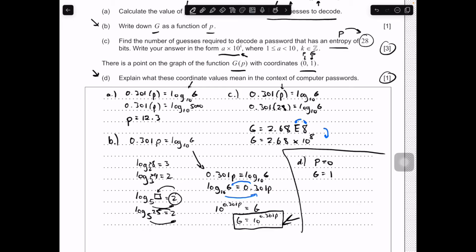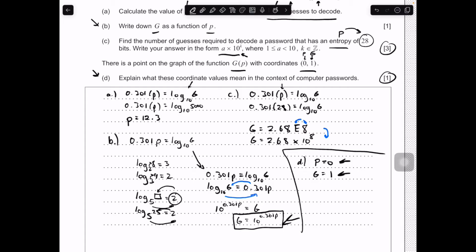So what does that mean? Password entropy is 0. Password entropy is the difficulty level of a password. Something super massively complex has high entropy. Something easy is going to have a low entropy. This has the lowest of the lowest kind of entropy. It's 0, super easy. And how many guesses does it take? It only takes one guess, or one input for us.